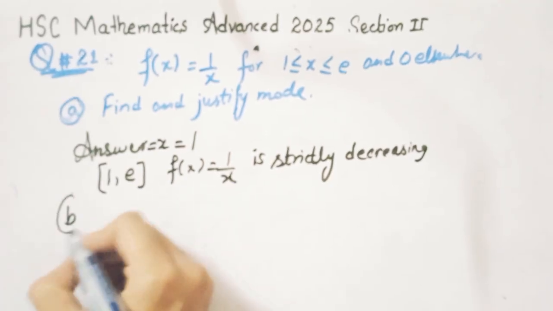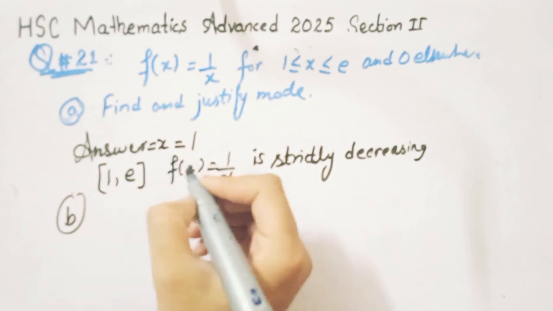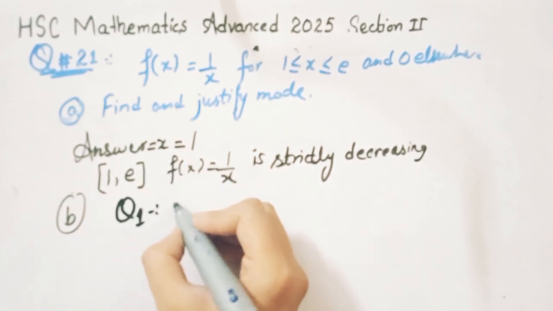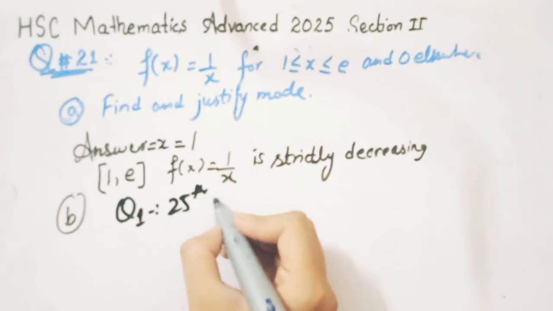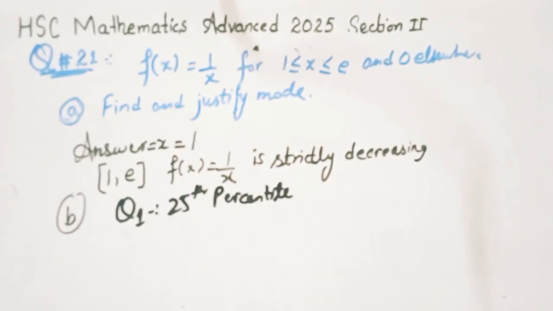Now we will solve part B. In part B, it says to find the value of Q1. You know Q1 is the 25th percentile. So how will we do this? First of all, accumulate the area up to Q1.